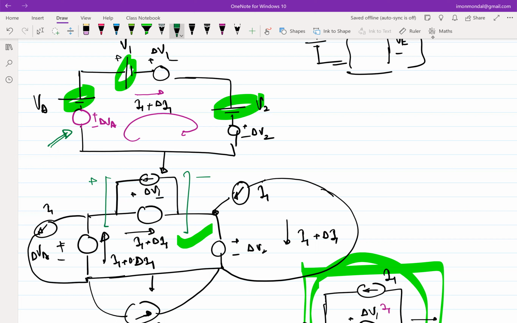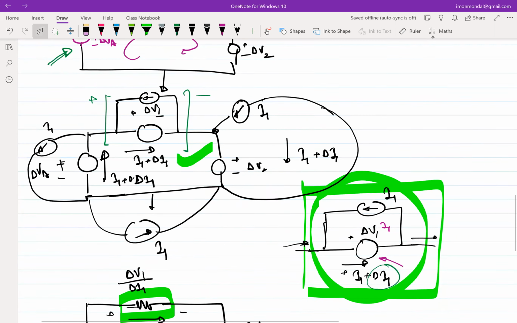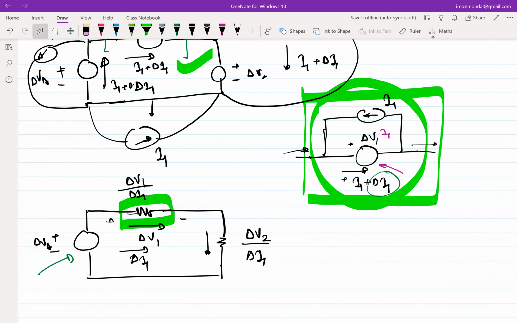So I cannot replace the delta VA with a resistance, and there is no source in the loop. So how would you deal with I1 as a delta VA? Same thing, right? Note that in this case your current through delta VA is still delta I1. I am just not replacing delta VA by delta I, because by definition it's a source.